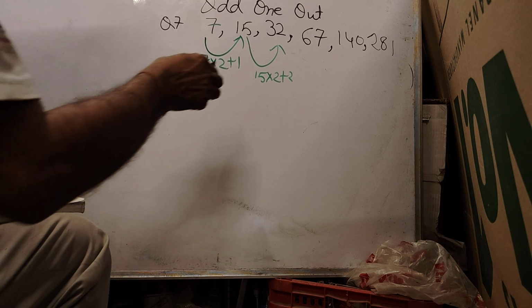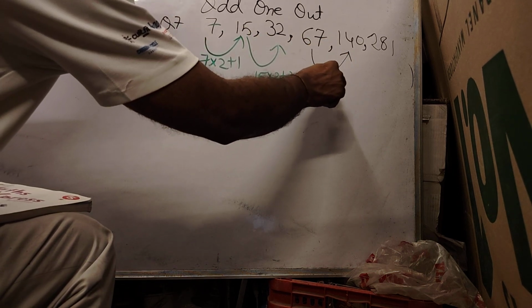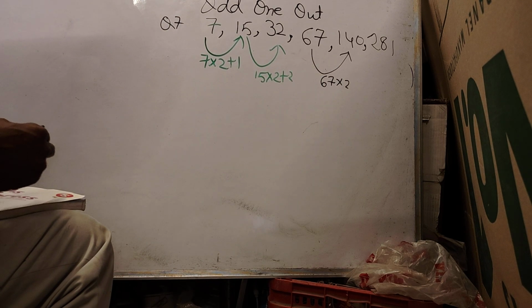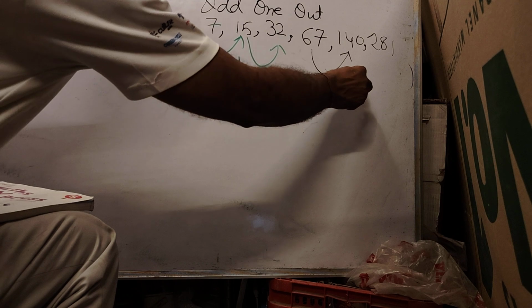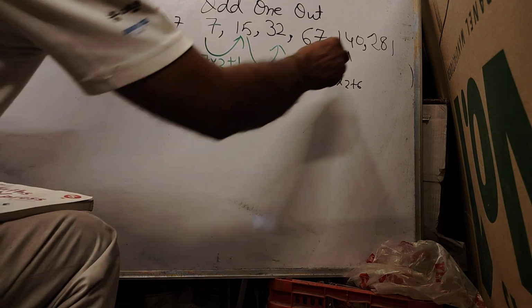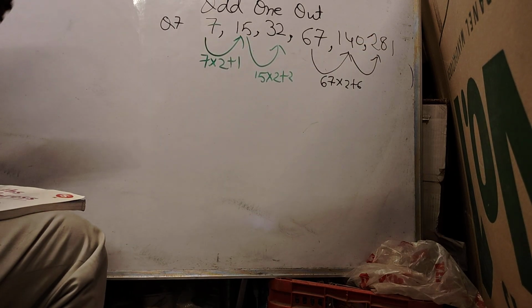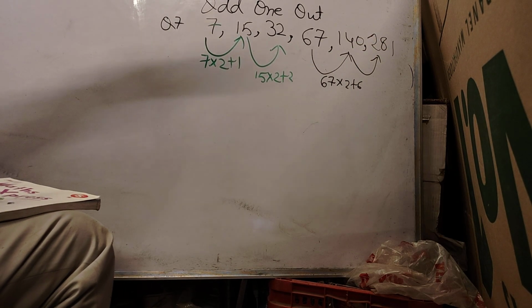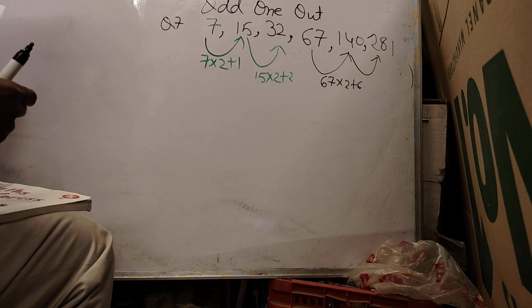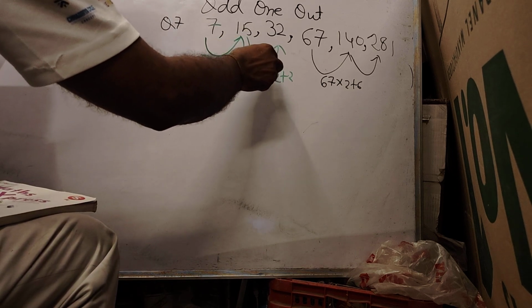Similarly here is 67 to the, it is 134 plus 6. Yeah. And here is 140 times 2. Here is 15 to the 30.